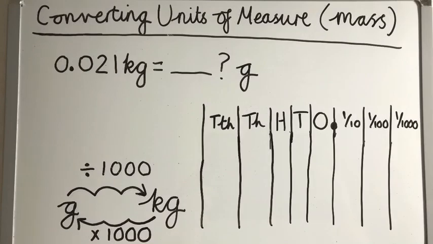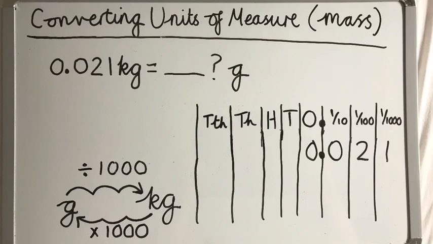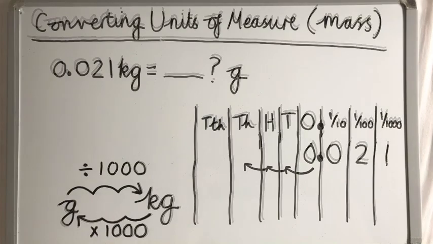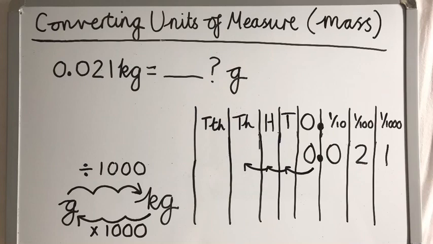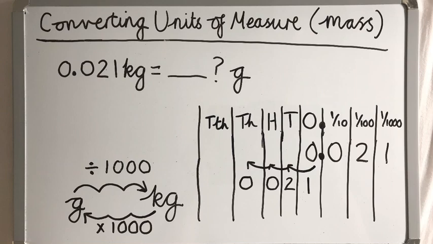Now for my last example, I have 0.021 kilograms is how many grams? I look at my diagram again, and it says kilograms to grams is times by 1,000, so I know I need to move the digits 3 times to the left. All the digits go in the right place on the place value grid. And again, if I'm timesing by 1,000, I put some arrows showing 1, 2, 3 places to the left, and I fill all of the digits in.